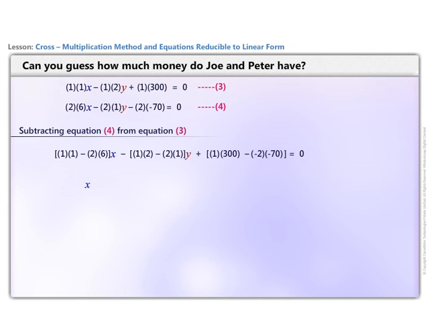So, the value of x is equal to (-2 × -70 - 1 × 300) divided by (1 × -1 - 6 × -2).